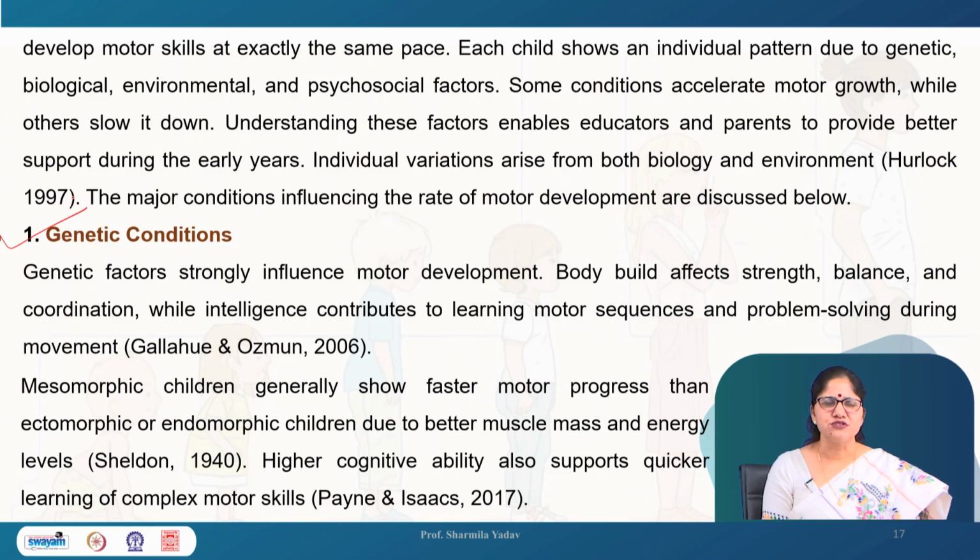Mesomorphic children generally show faster motor progress than ectomorphic or endomorphic children due to better muscle mass and energy levels. Higher cognitive ability also supports quicker learning of complex motor skills.